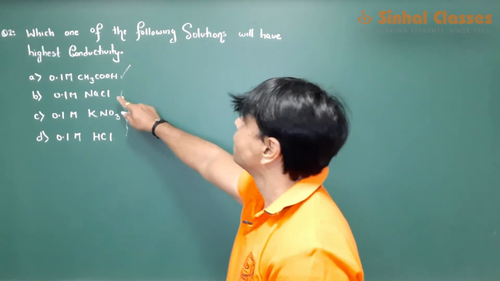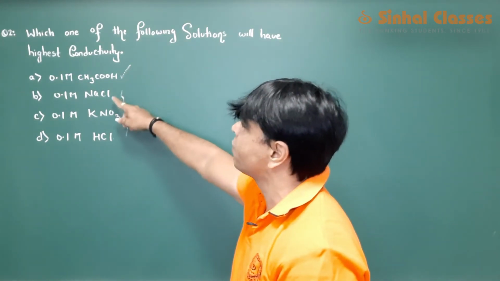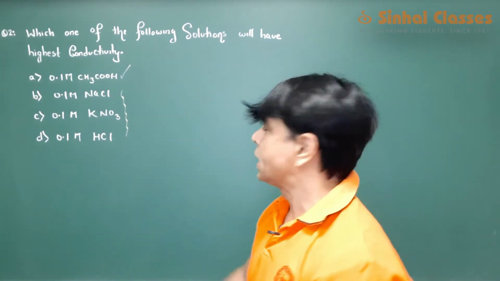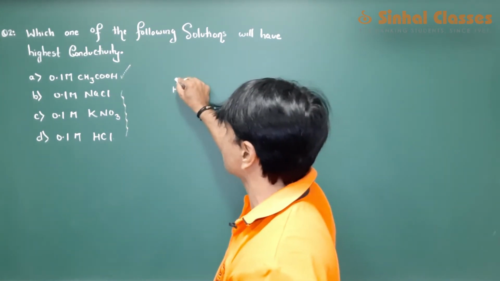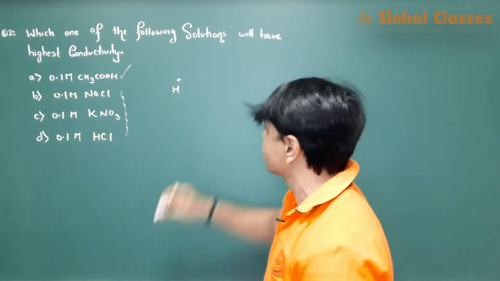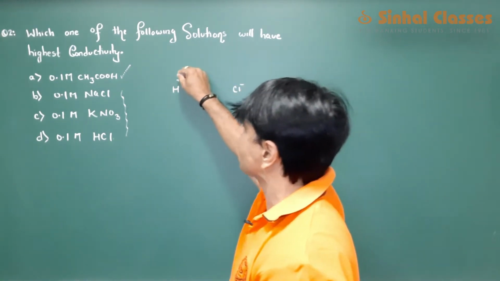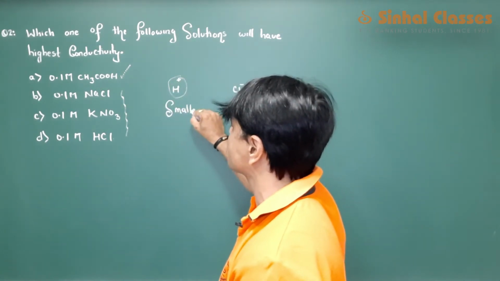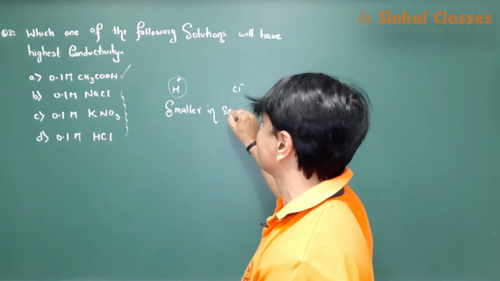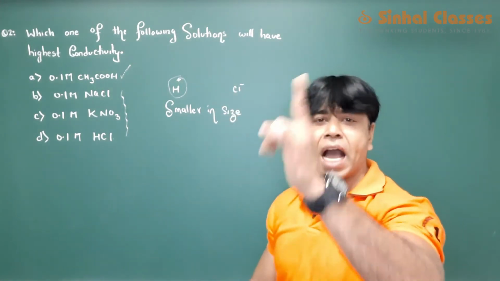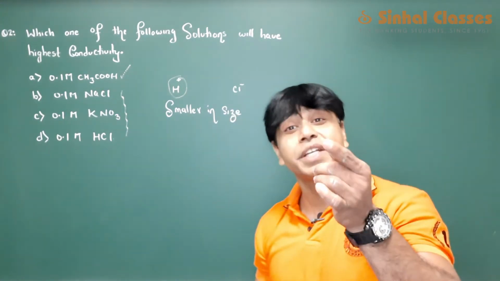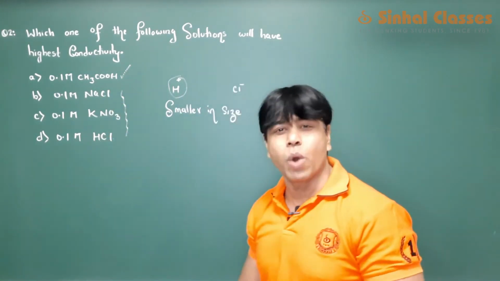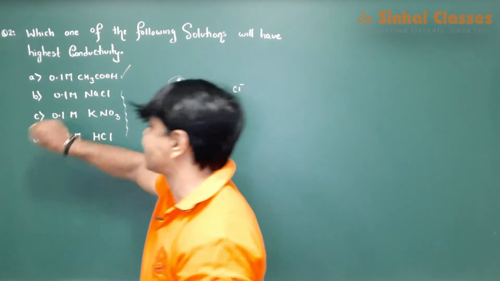Now we know that a better conductor among them will be a strong electrolyte, but among these three, HCl, when it dissociates, gives you H plus and Cl minus. Now this H plus is smaller in size. Being smaller in size, conduction will be very high. So conductivity also will be greater. So out of these three, the best one will be HCl.